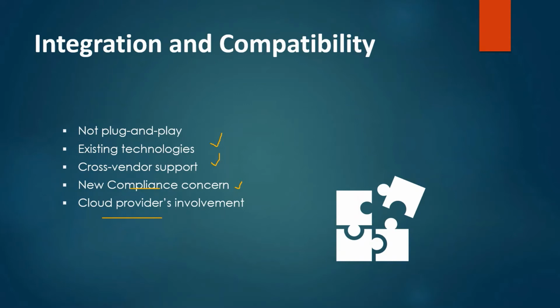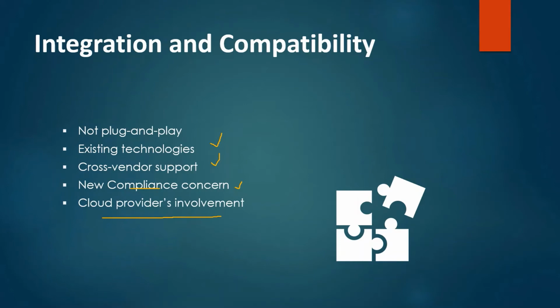So to apply CASB using API mode, you might ask the service provider to come up with the development of a bunch of new APIs, and it takes time to wait for the publishing of those APIs. So those are the integration and compatibility concerns when implementing a CASB solution.